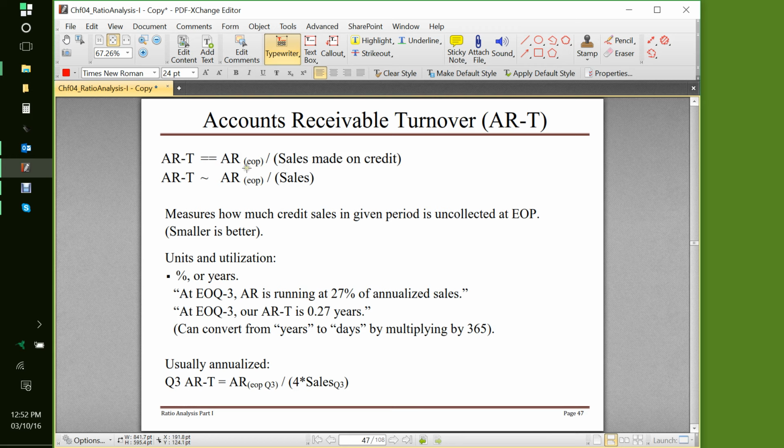So usually the accounts receivable turnover ratio is approximated by accounts receivable at the end of the period divided by sales. And what this, of course, implies is the ratio is going to be useful for companies with most of their sales made on credit, right?